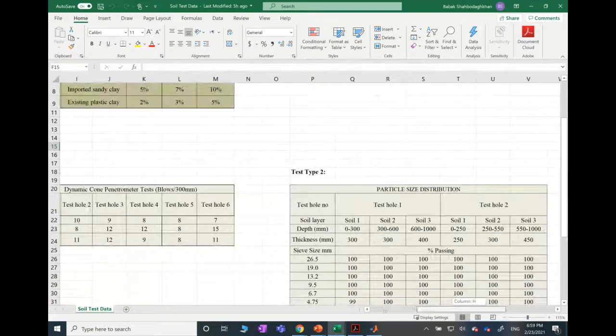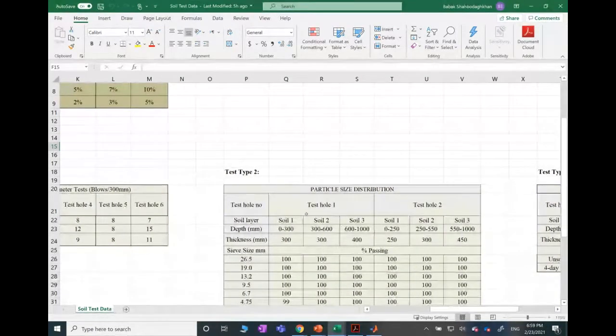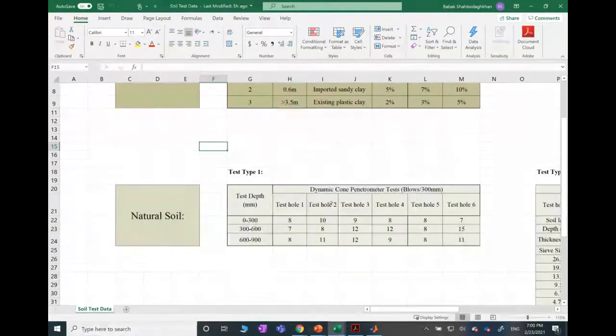And one student also asked about these test holes. When I mention here that test hole 1, this test hole 1 is the same as this one for particle size distribution. So we took a sample and we conducted sieve analysis, right? So this is the field test, the DCP test that we conduct.